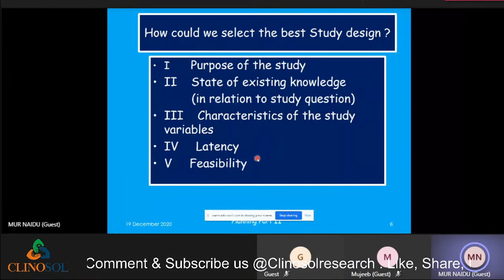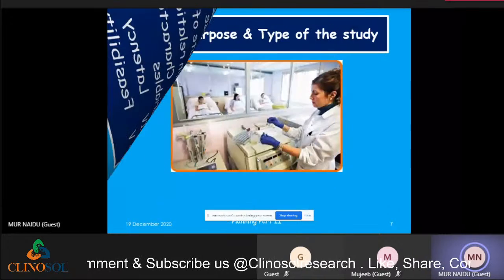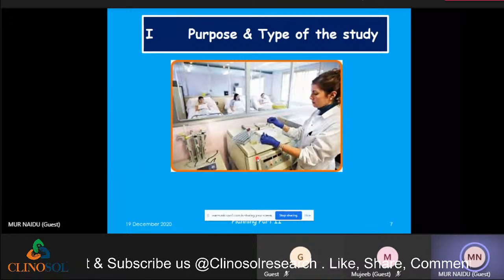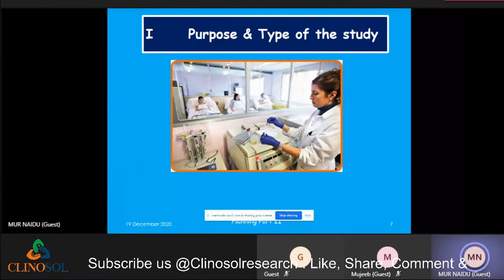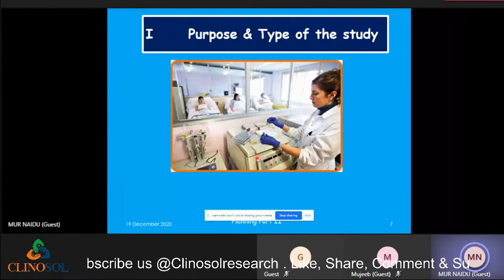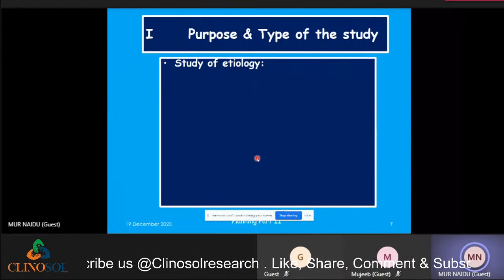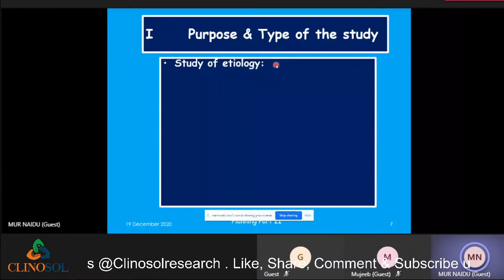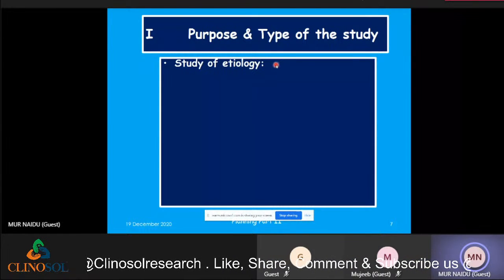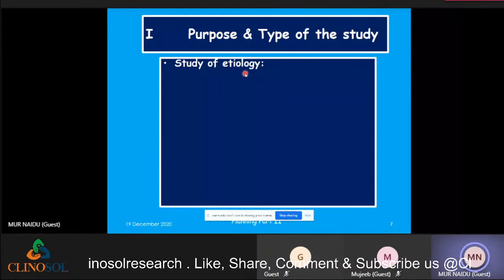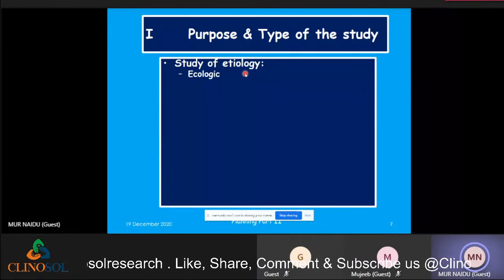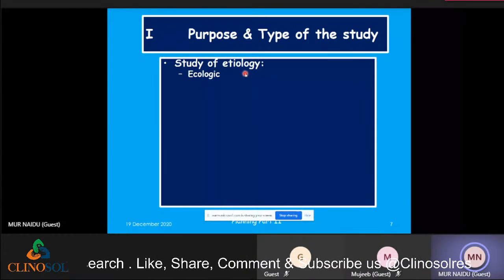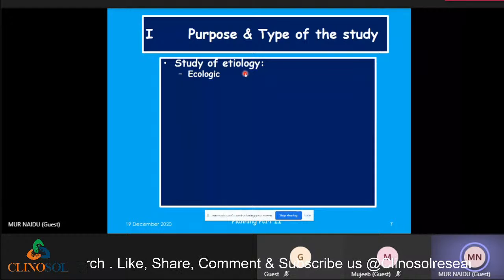The next is what is the purpose and what are the various types of studies available today to do a clinical trial. One is the study based on the etiology, that is, why a particular type of disease is there. It can be ecological etiology, which is not related to a particular factor or virus.